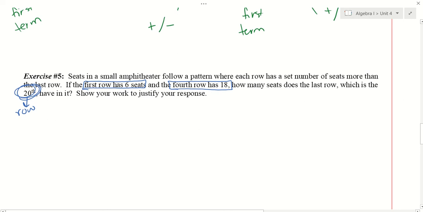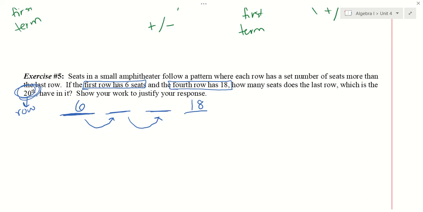So what I like to do is draw a little visual representation. The first row has 6. We don't know the second row, we don't know the third row, but we know the fourth row has 18. What can we add by, because we know we're adding because we're going up in seats, to get from 6 to the blank to 18? Some people will just use stop and check.